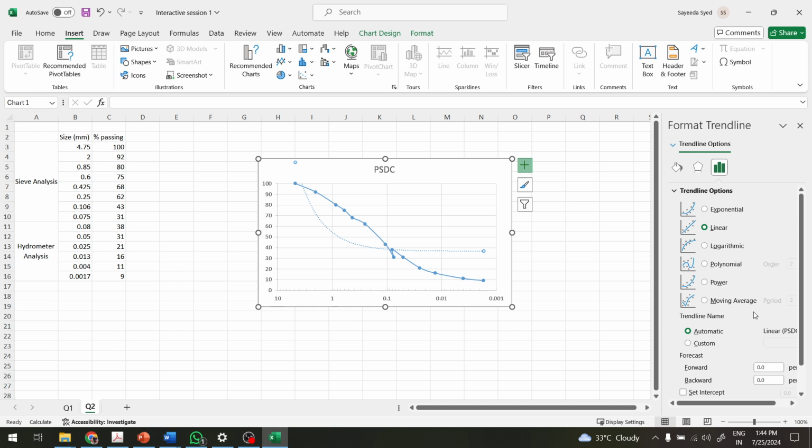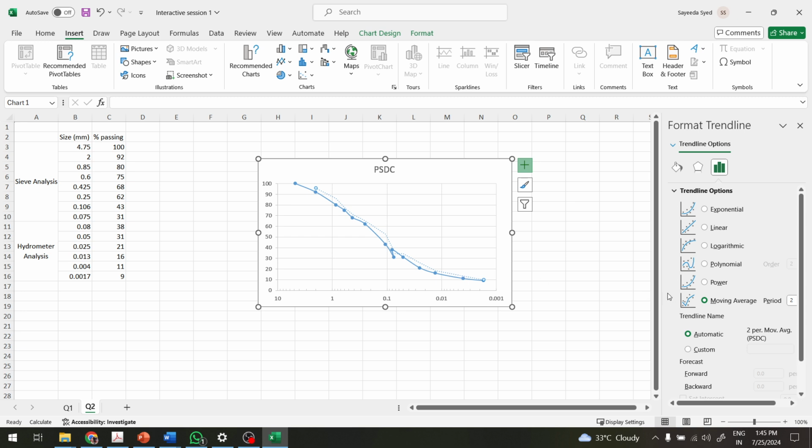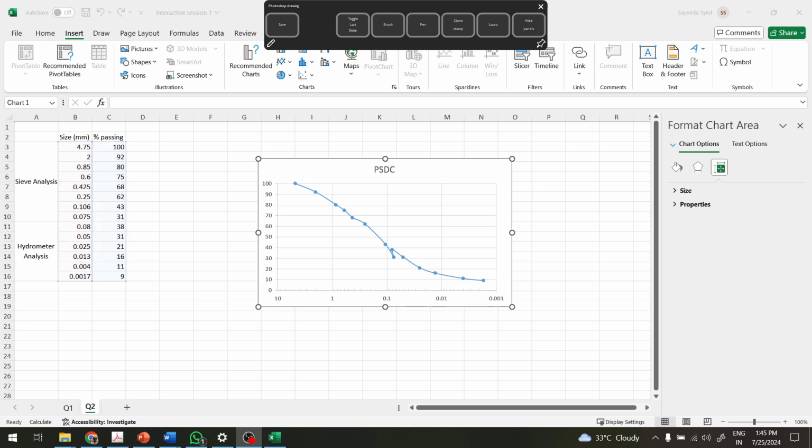So we can have a moving average kind of thing, but that is not what I am after. Oh, there's a problem with my writing board. One minute.